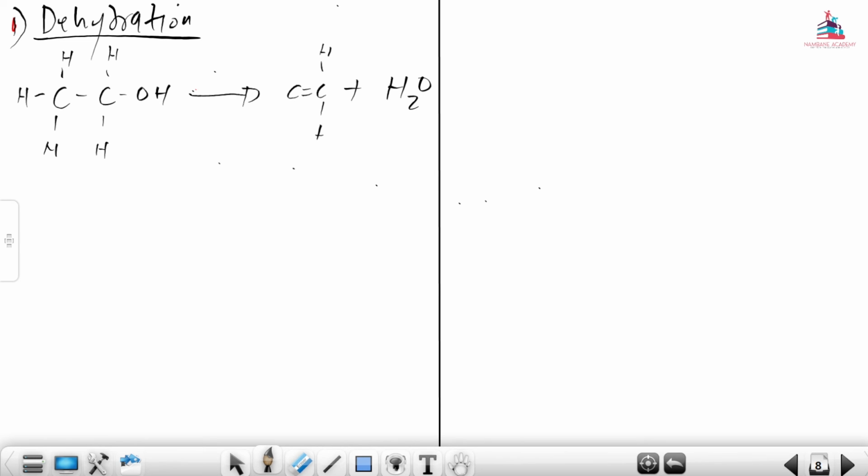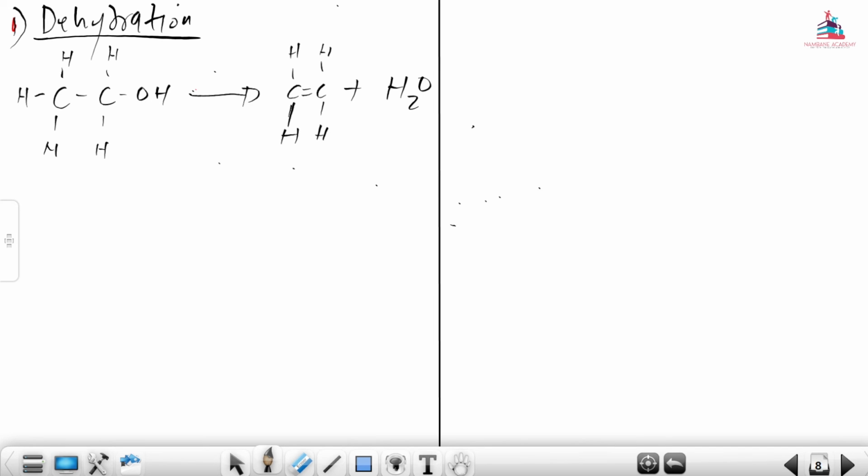So it makes it easy for us to understand: elimination is just the reverse of addition. So H and another H. So what do we need here?